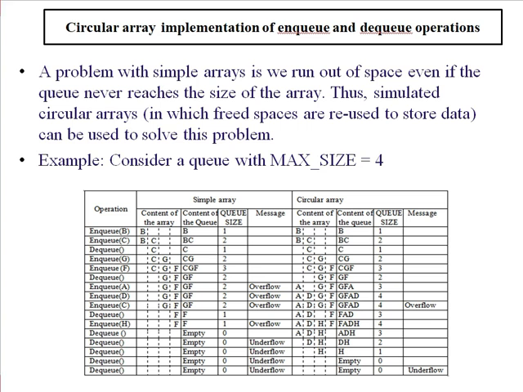But in the case of circular array, we can use indexes circulating over the slots of the array, and if there is any slot from which we previously removed an item, if there is any slot which is left empty because of the removal of an item, we can reuse that empty slot.